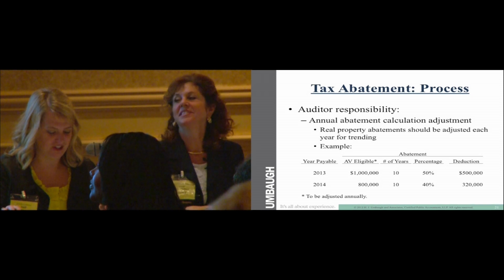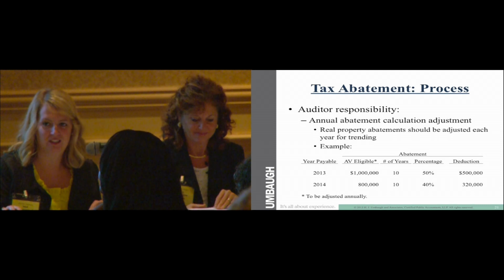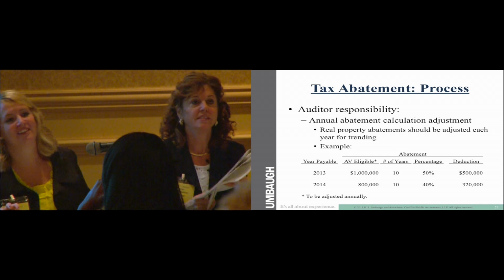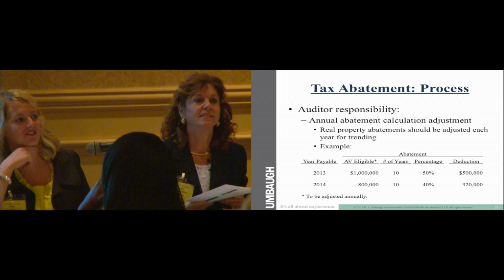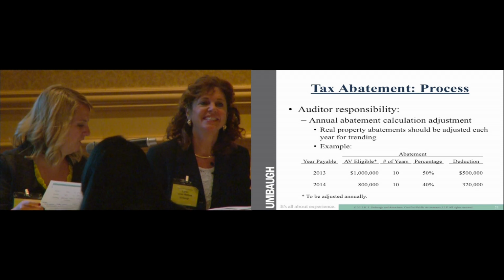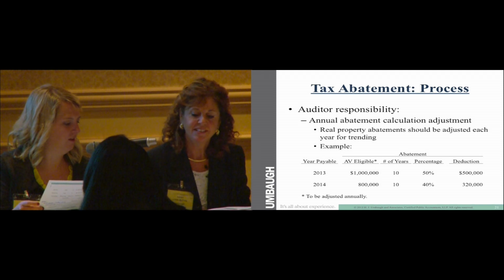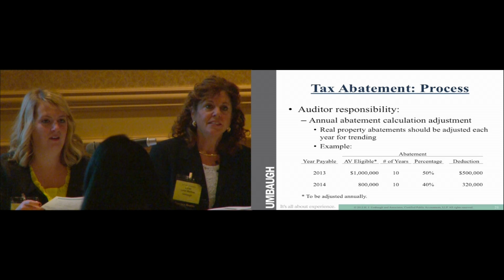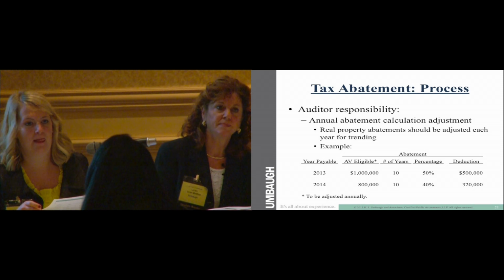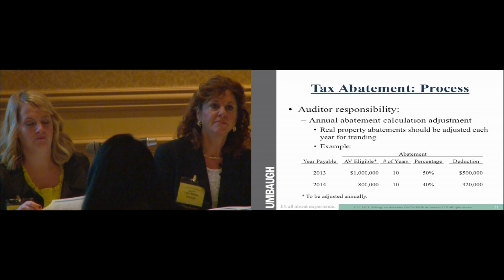Okay, any other questions on this annual adjustment that needs to be made? Okay. Oh, yes. Hold on, Calissa, sorry. Each year on a real estate abatement, you need to check with your assessor on what that trended assessed value has changed to before you apply the abatement.